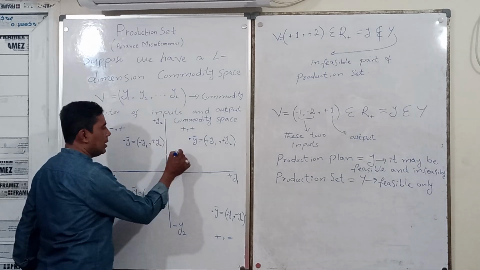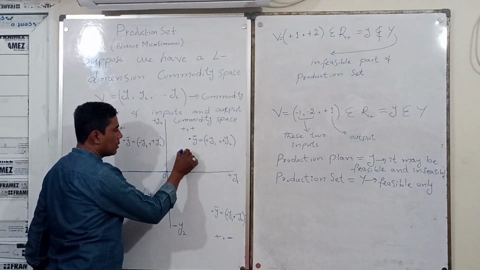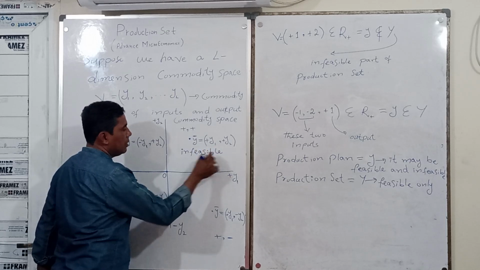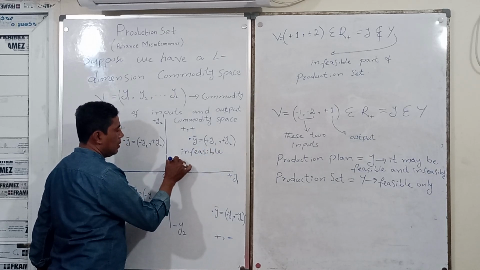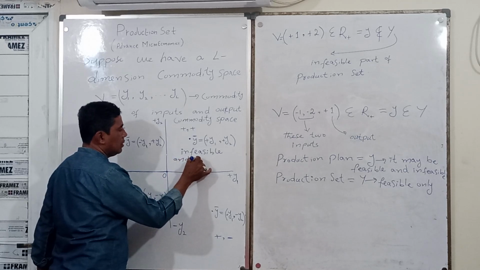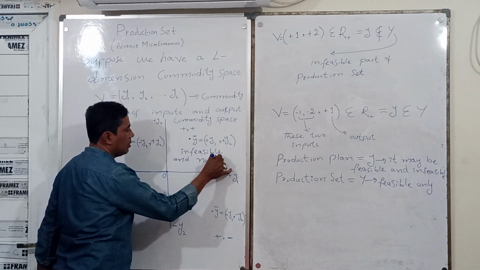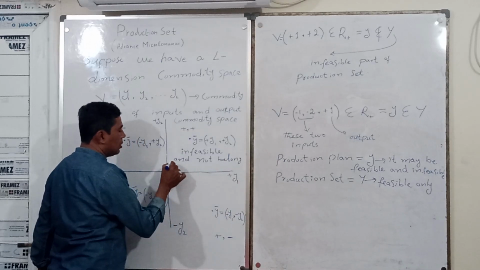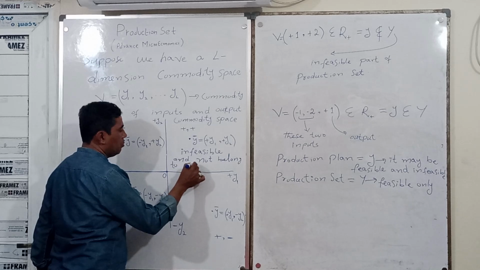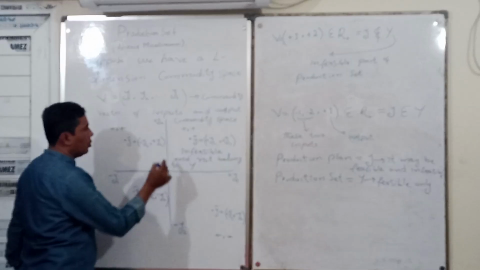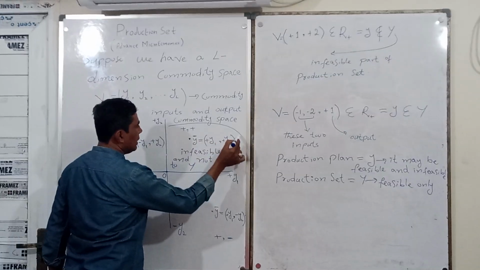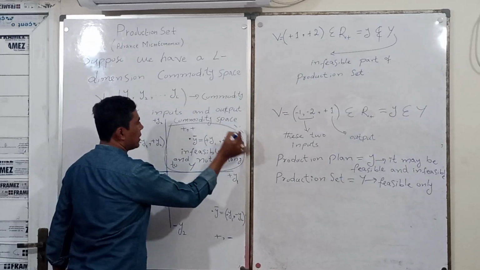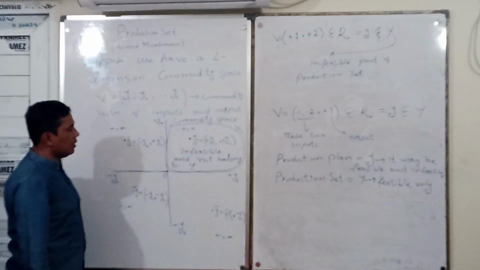So this is infeasible and does not belong to Y. So we are rejecting this one. This quadrant is rejected.